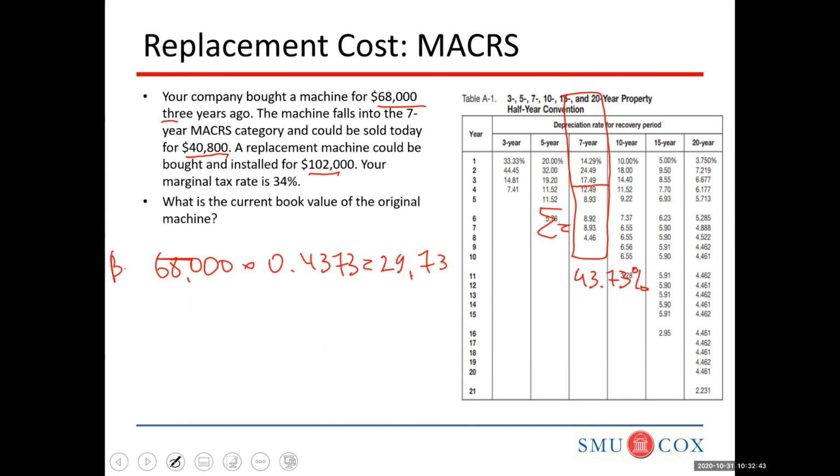That's the book value. So the tax would be the 40,800 sale price minus book value.